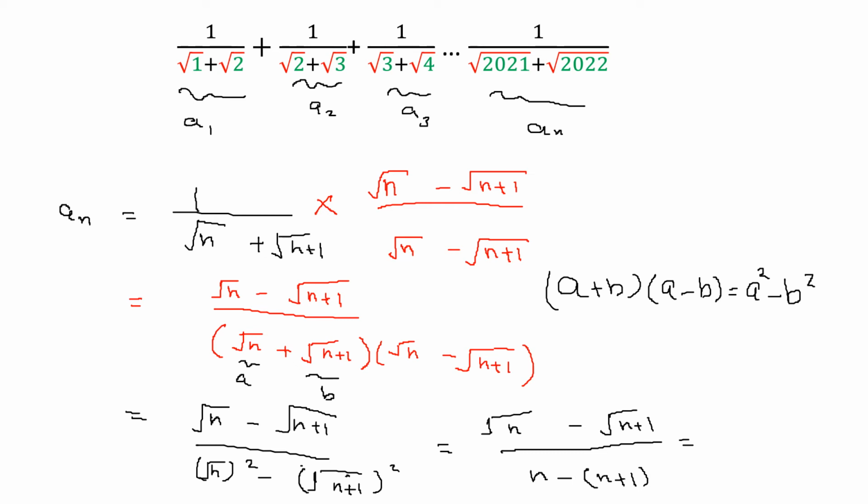Multiplying that into the numerator gives square root of n plus 1 minus square root of n.